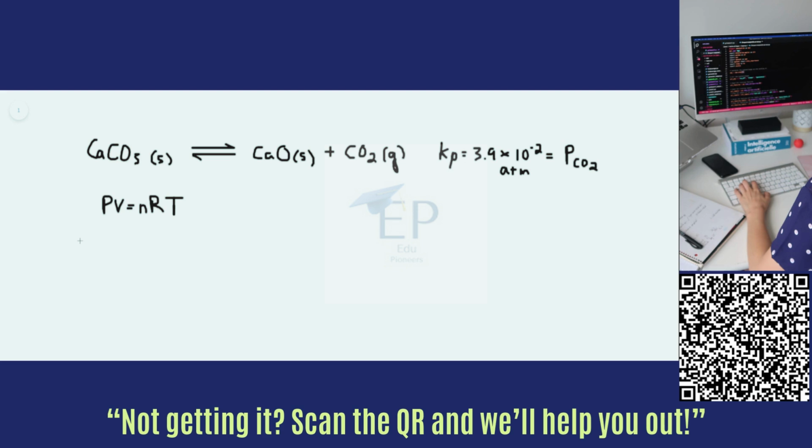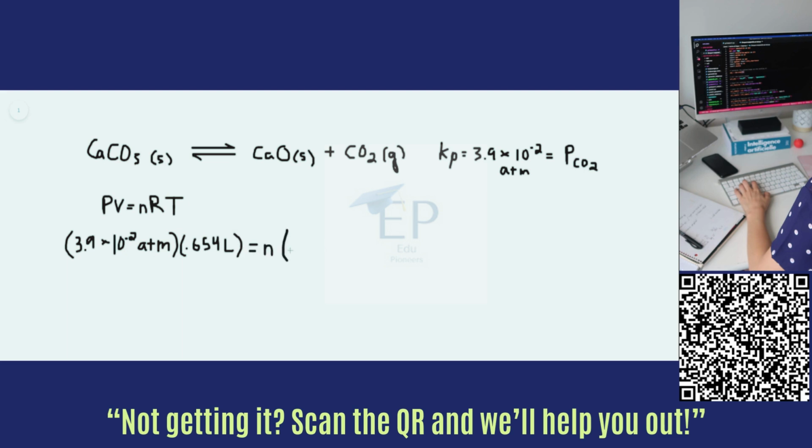We know the pressure, 3.9 times 10 to the negative second atmospheres. The volume again in the question is 0.654 liters. We don't know n, that's what we're solving for.